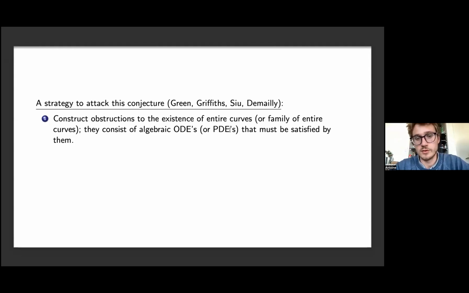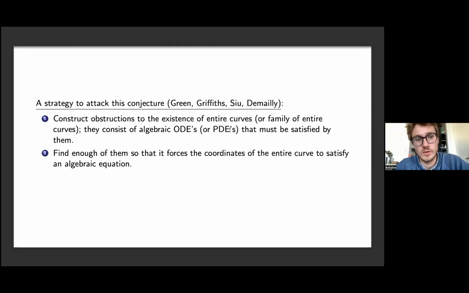But of course, to have the full conjecture, one has to understand really explicitly what these obstructions are. Because, okay, we know that we have them, but we have to understand what they mean geometrically. And this is actually the very hard part, which we cannot do yet.